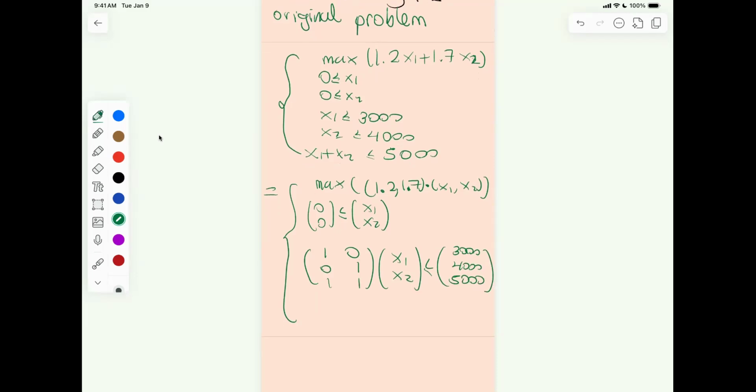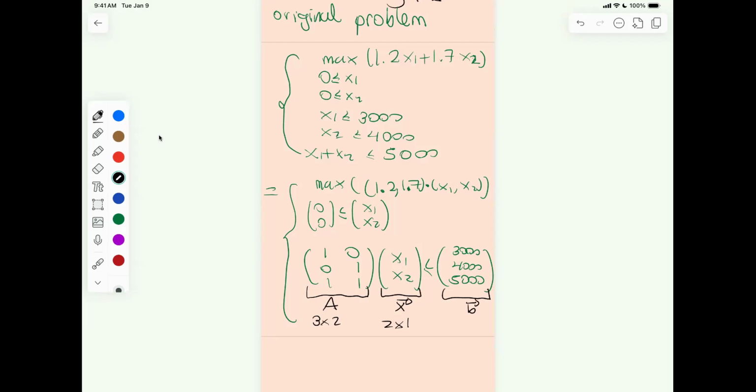In this case I could call the matrix A, which is 3 by 2, this vector X, which is 2 by 1, and this vector, which is usually called B, because if you remember linear algebra, systems of equations are usually written AX equals B. So I'm just trying to follow that notation.